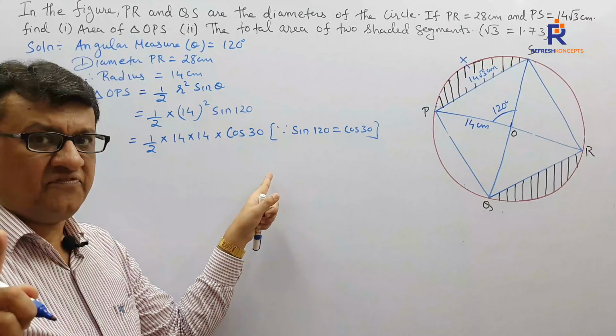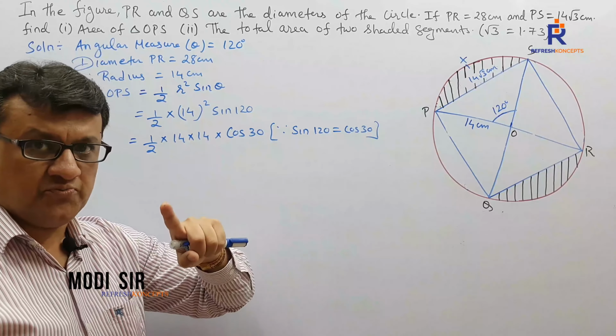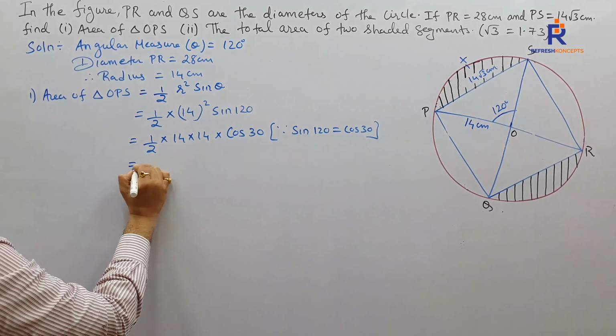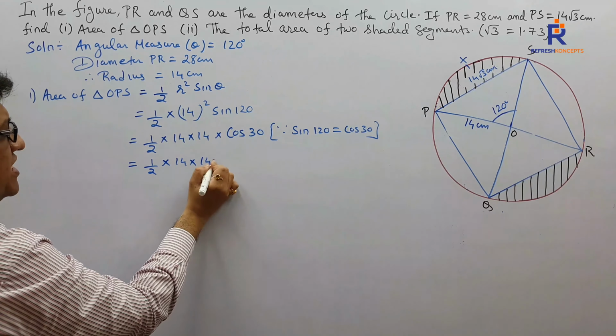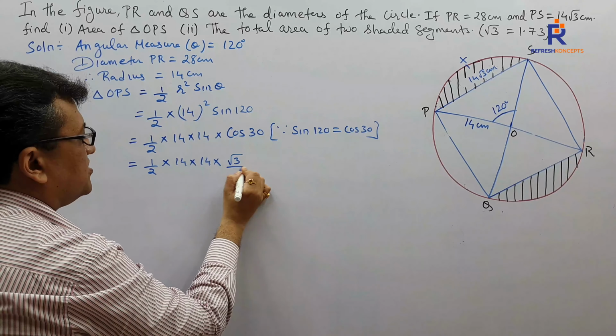And if your curriculum doesn't allow you to make use of it, I have one more answer that I'm sharing with you. So half into 14 into 14 into cos 30, and cos 30 is root 3 by 2.